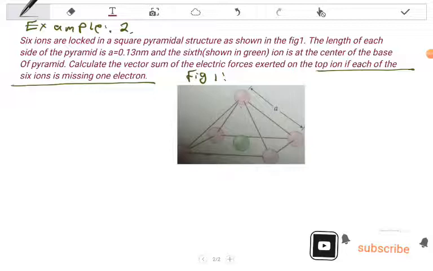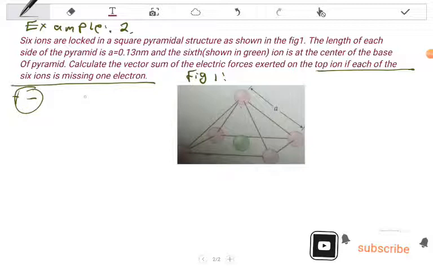If we have an ion, let's say it has 6 electrons and 6 protons, then this ion is neutral. It's not negatively charged, it's not positively charged.